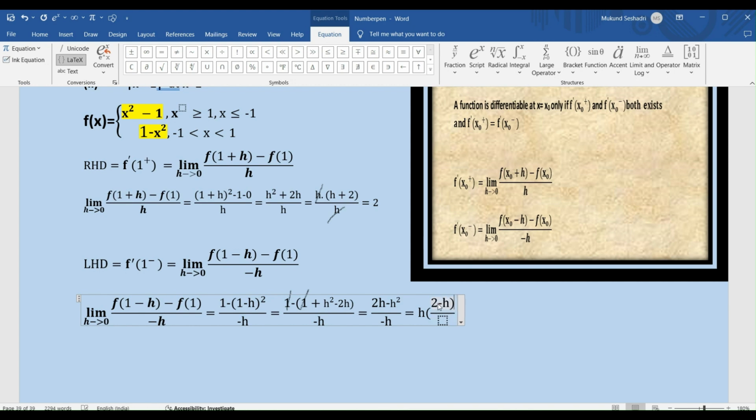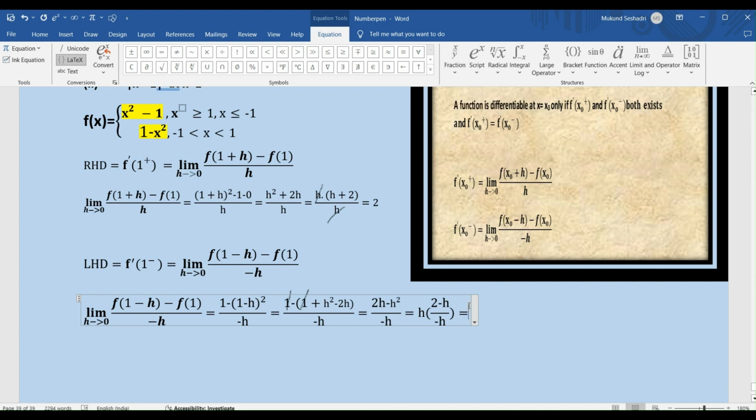Basically, I'm pulling out one h, and then I have my minus h in the bottom. This is how we can represent this particular equation. I hope you are with me. All that I've done is I've pulled out h from the numerator. When I pull out h, my 2h minus h square becomes h into 2 minus h. And then I have my minus h in the denominator. I can cancel out my h and h, and I'm left with a negative sign in the denominator and 2 minus h in the numerator.